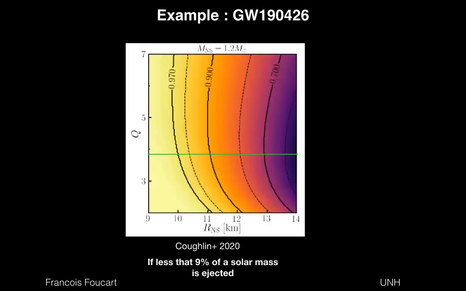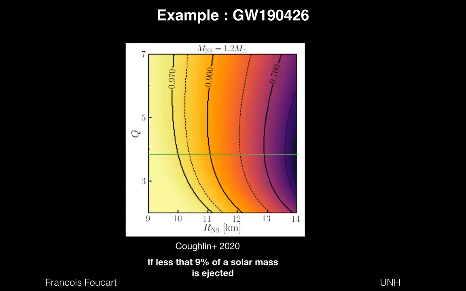So what can we actually do then when we have observations of black hole neutron stars? Well, the ideal case would be if we have one of these events where the neutron star is disrupting and we also observe it through both gravitational waves and electromagnetic signals, because then we would be able to put pretty strong constraints on a combination of the radius of the neutron star and the spin of the black hole.